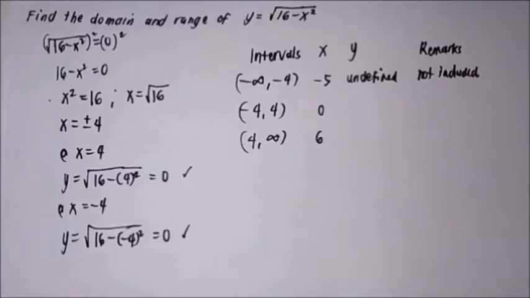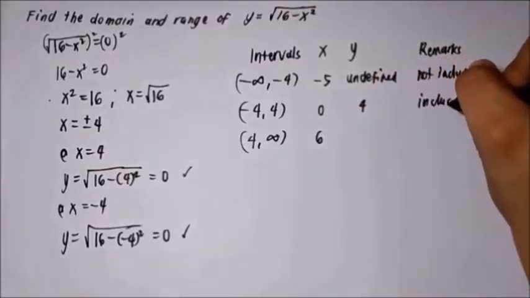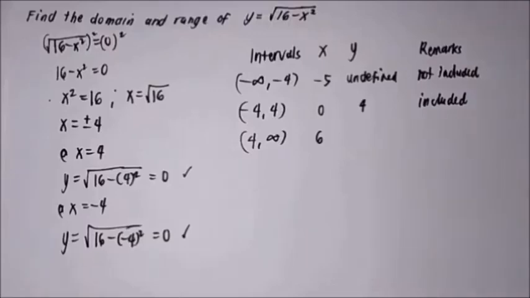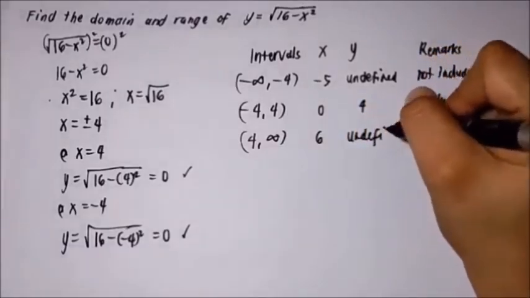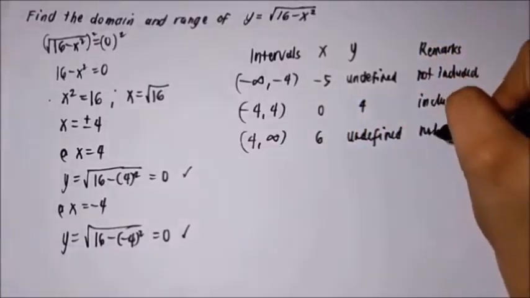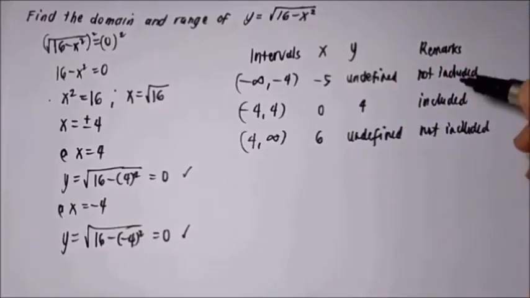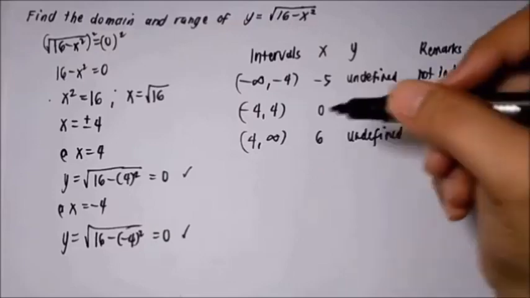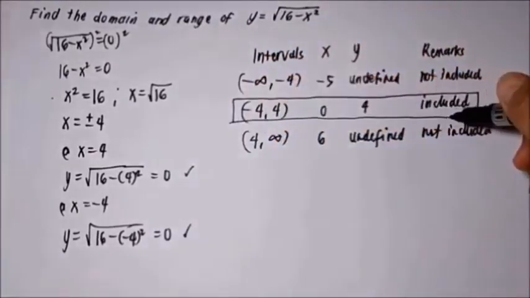How about if the given would be 0? So we have 4. 4 is a real number, so this is included. Next, if the number would be 6, again this is undefined, so not included. So if we check this, this interval will only be the included interval for the domain.